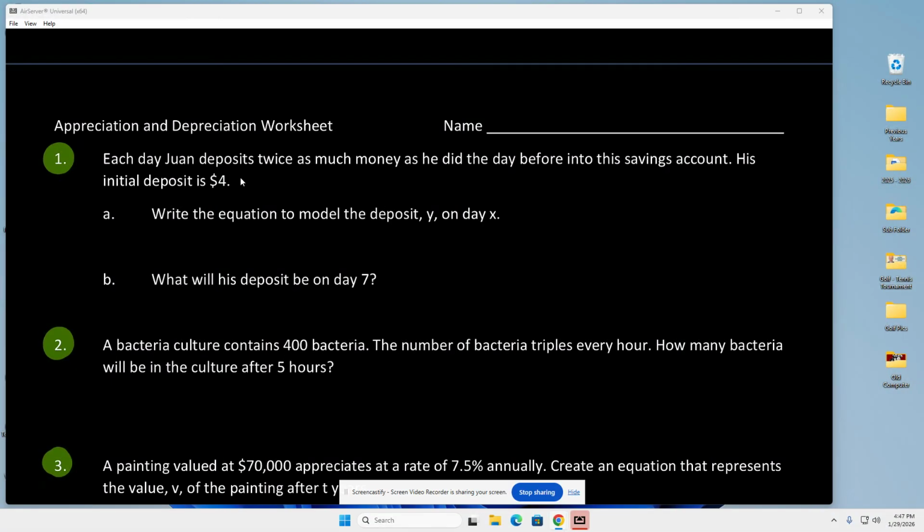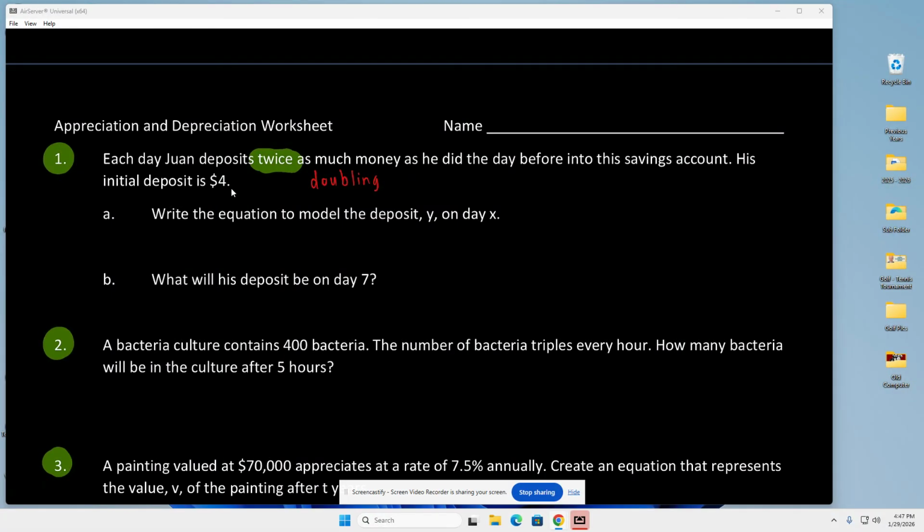Each day, Juan deposits, again, here it is, twice as much. Again, for what we talked about yesterday, if you're depositing twice as much, that's doubling. We are using the doubling formula. So if you need to go back and look at your notes, you can, but we're using the formula for doubling. It says he is doing twice as much money as he did the day before, and his initial deposit is $4.